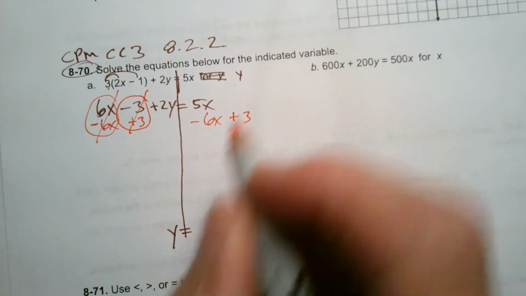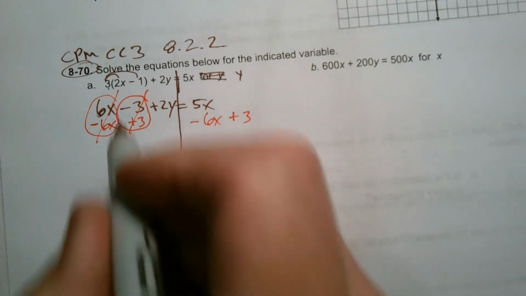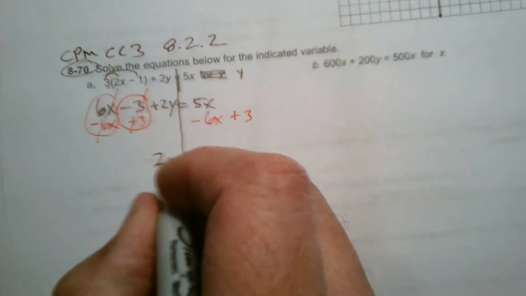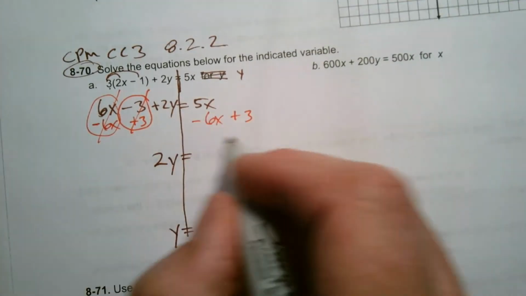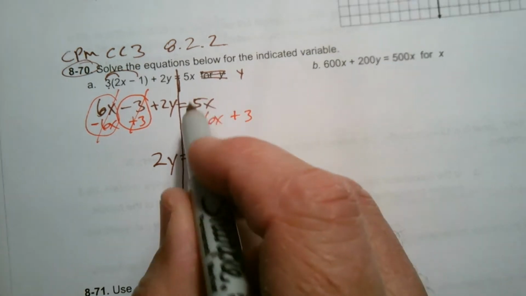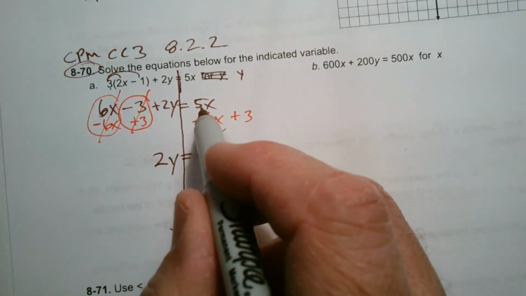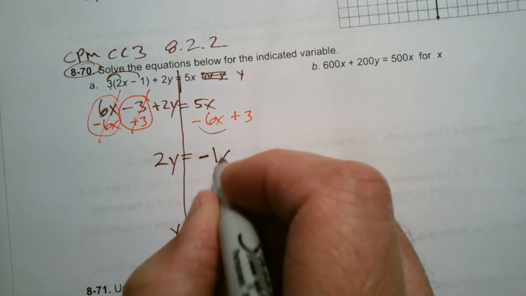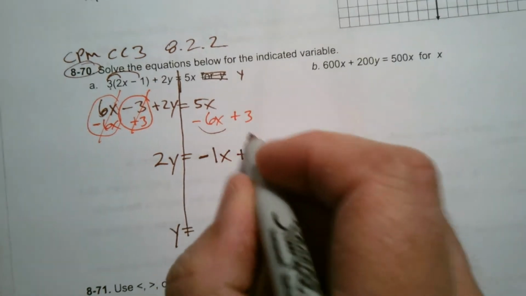Now those two terms are eliminated from this side, and all that's left is 2y. On the other side, I can now combine like terms and write my constant because there's no other constant. So positive 5x and negative 6x makes negative 1x, plus 3.